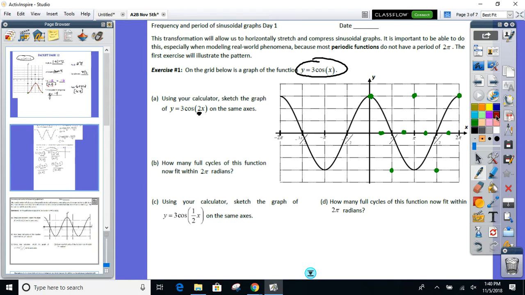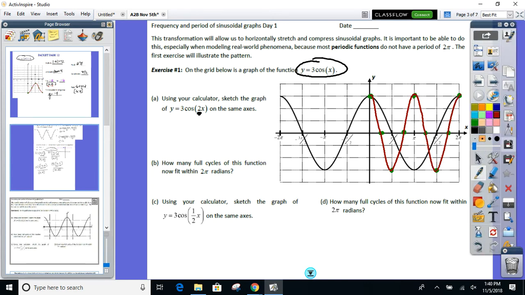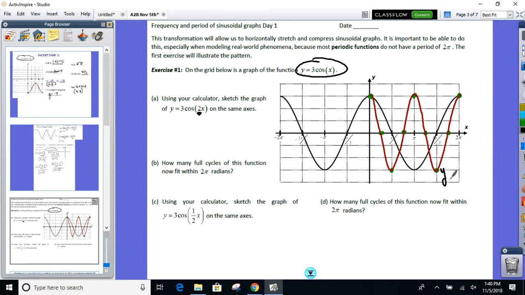So take one of your colored pencils right now, and please graph that in. And make sure you label it, so you know, because we're going to put on a third one in a second.